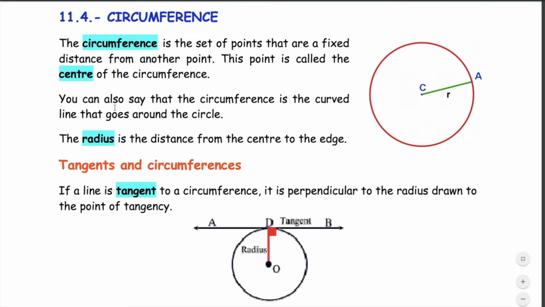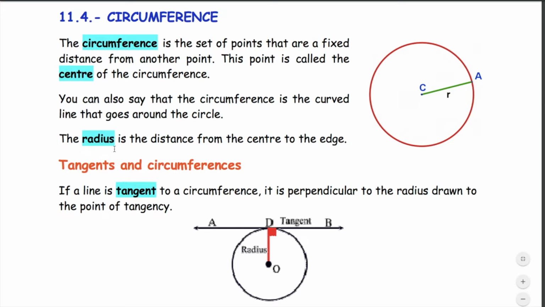So you can also say that the circumference is the curved line that goes around the circle. So in other words, the circumference is the red circle that we see.